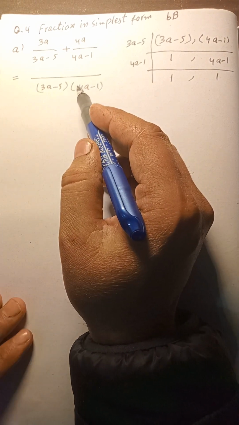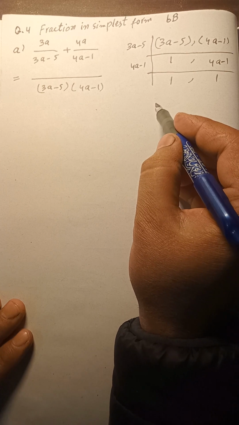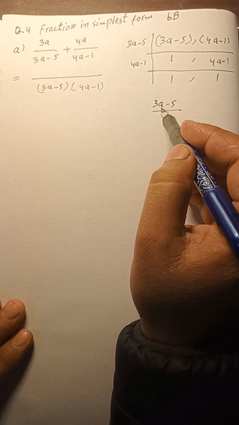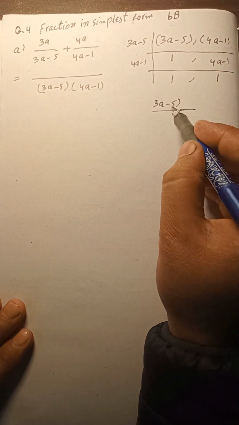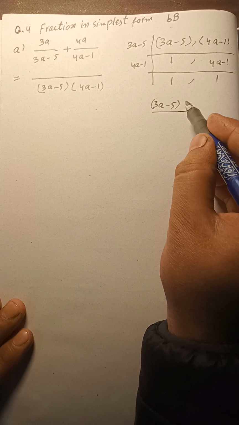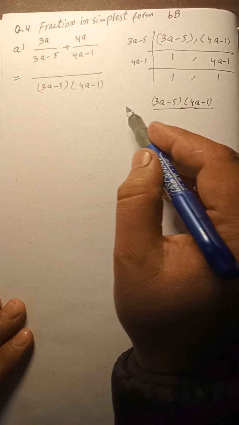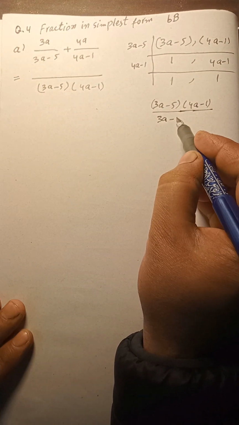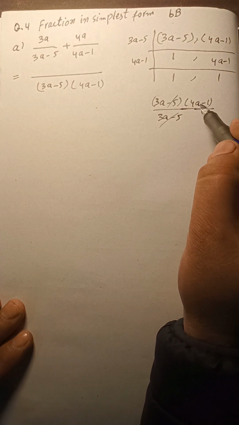Divide this LCM by this number. If we divide the whole LCM by the first denominator, 3a minus 5, it will be cancelled and what remains is 4a minus 1, and this is our answer.